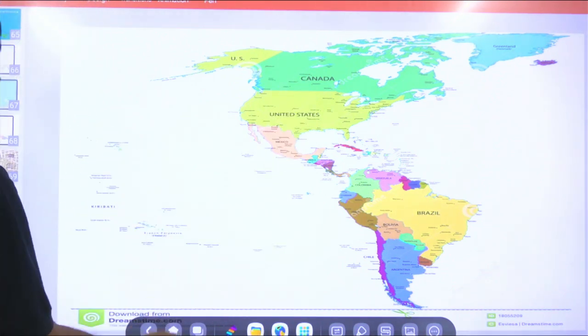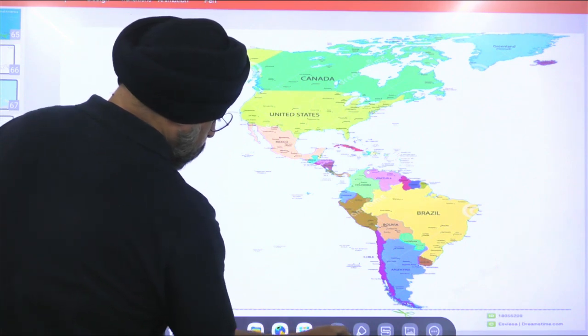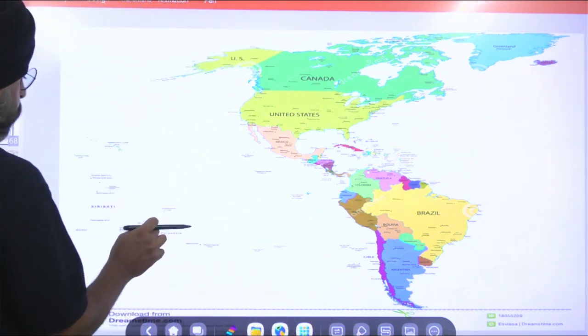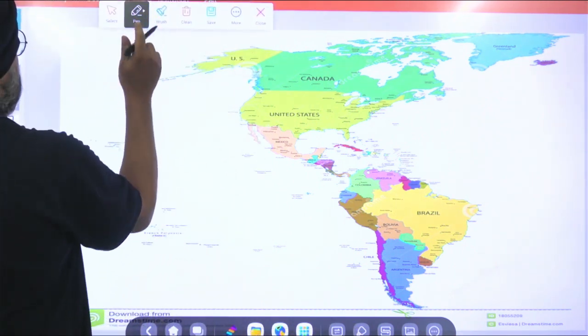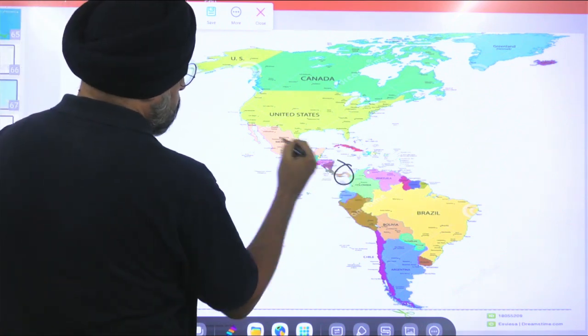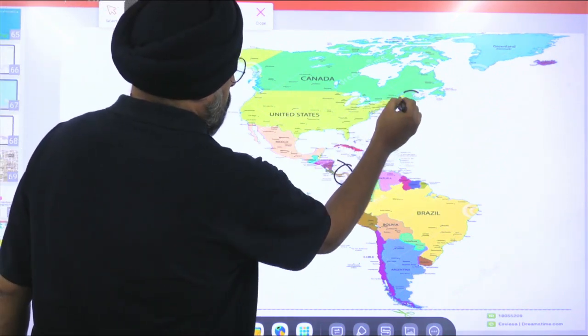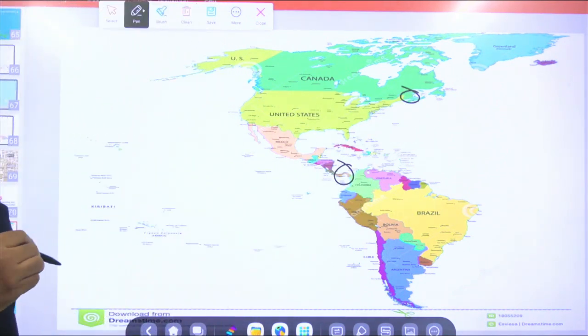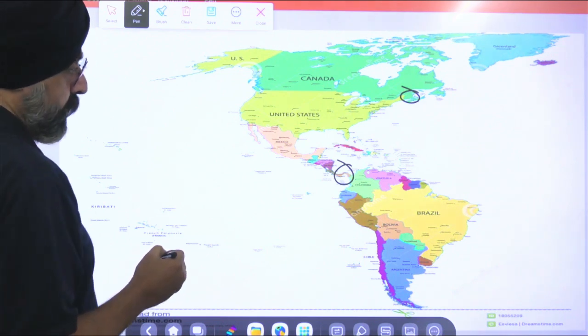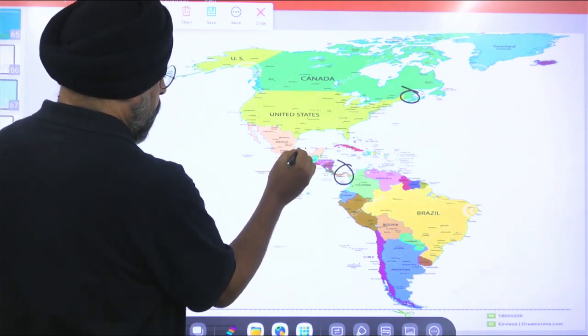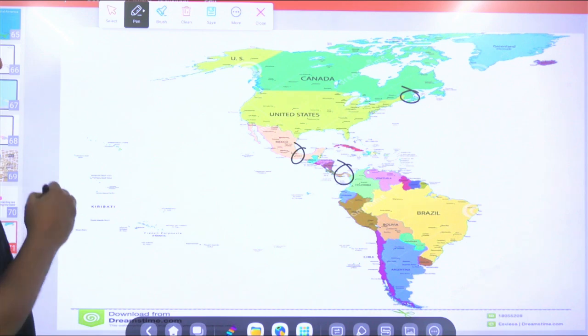This Panama Isthmus, the Amherst Isthmus, and the Tehuantepec Isthmus are the important ones.